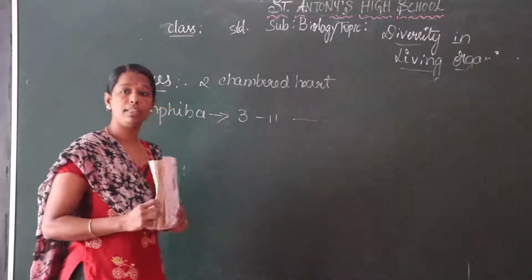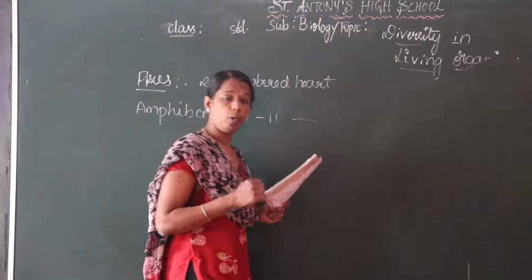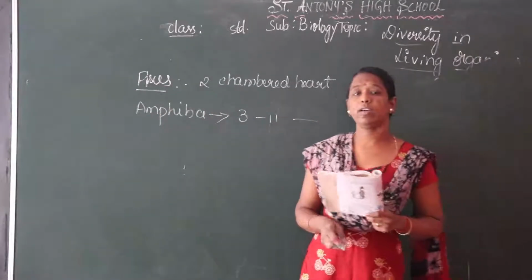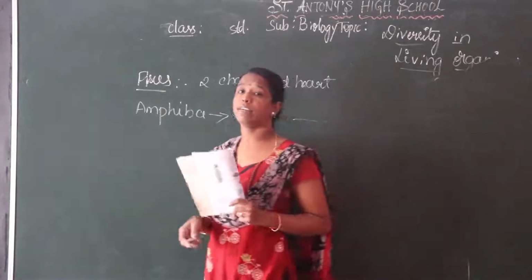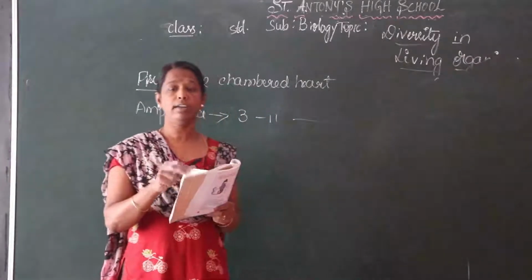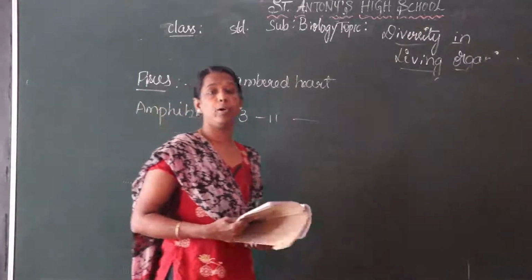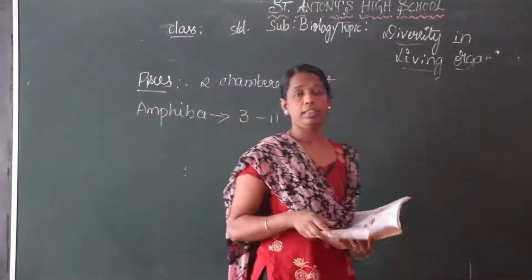So amphibia means animals that live in water and also live on land, so they are called amphibians. They have a three-chambered heart. In the next class we will discuss the vertebrate group called reptilia. Thank you, children.